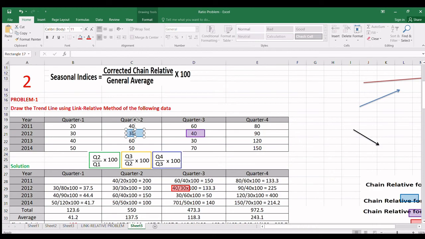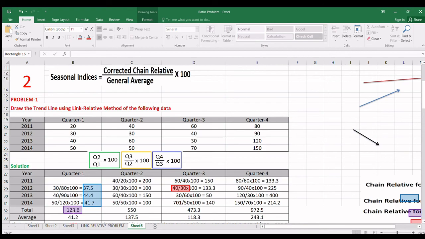Once we are done with the link relatives, I'm going to find the total as well as the average. These are my quarter 1 values of 2012, 13, 14. The link relative of quarter 1 of 2011 is not available because my business starts in 2011 only.